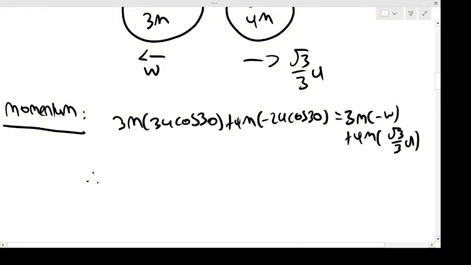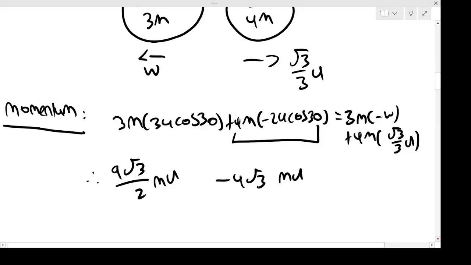So firstly, 3 times 3 times cos 30, that's going to be 9 root 3 over 2 mu. Okay, then for that part, 4 times minus 2 times cos 30, that's going to get me the numerical coefficient of minus 4 root 3 lots of mu. So then that's going to equal minus 3mw, add 4 root 3 over 3 mu.